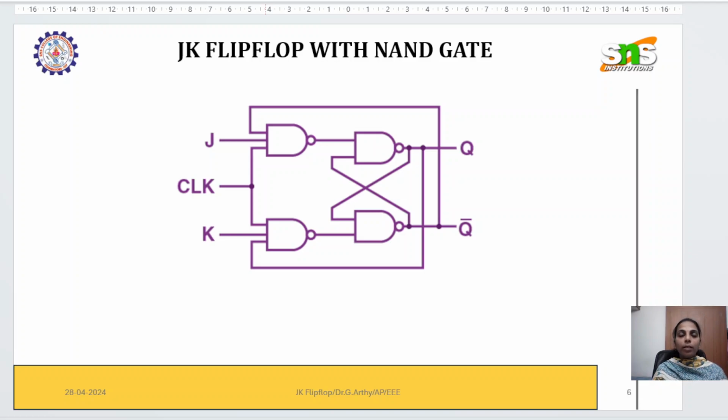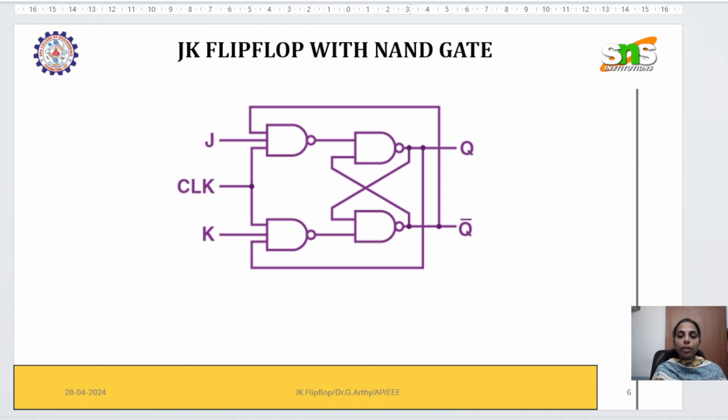So the state 0, 0 and 1, 1 was unused in either one of them, right? It is unused in the SR flip-flop when it has been realized with NAND and NOR respectively. So one state is being wasted. This drawback is overcome by the JK flip-flop.